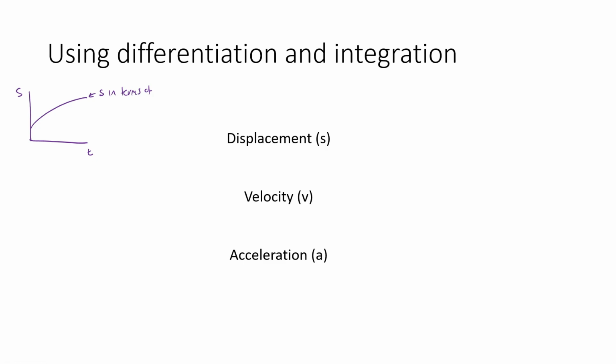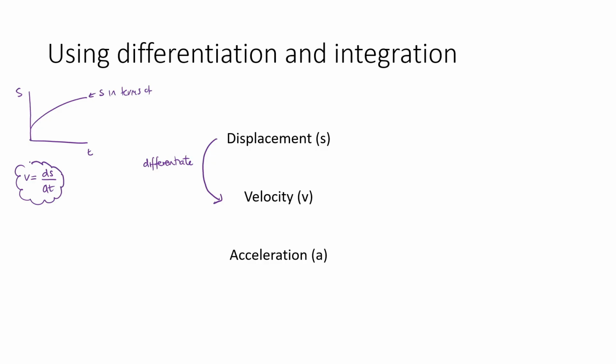So therefore we can then work out the gradient function of velocity on a displacement time graph by differentiating it. So what I can do is, to get from displacement to velocity, I need to differentiate. And what I know from this is then that v equals the differential of ds over dt.